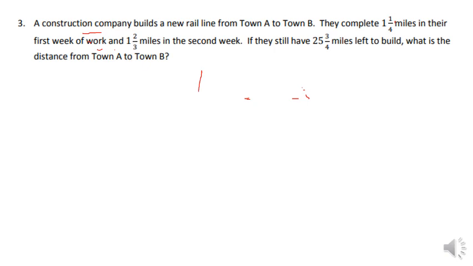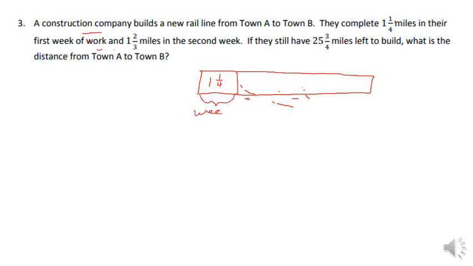So let's go ahead and do a tape diagram. And it says that they complete 1 1/4 miles in the first week. So let's go ahead and put it in here. And this is 1 1/4 miles. And that was week 1.